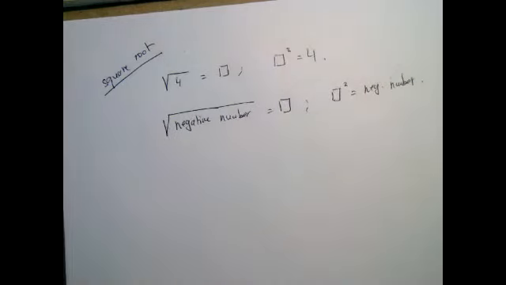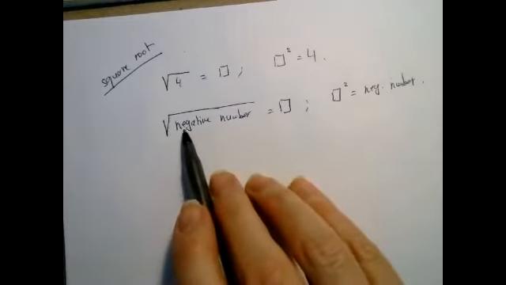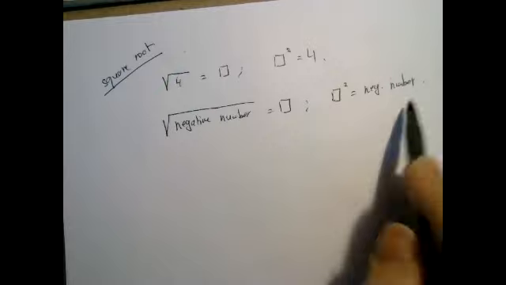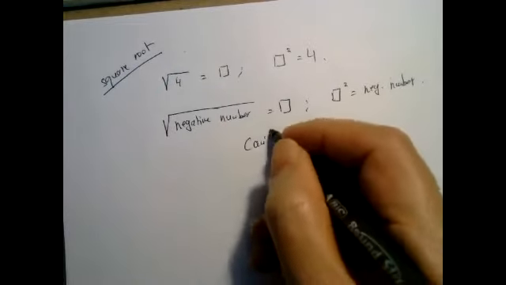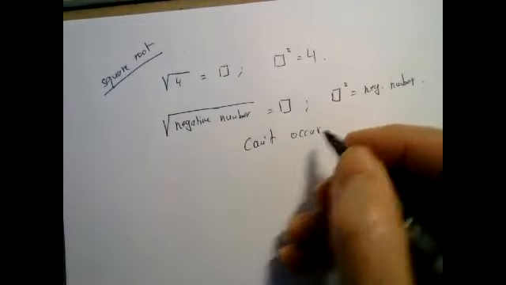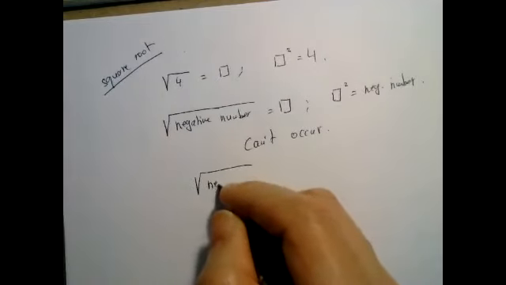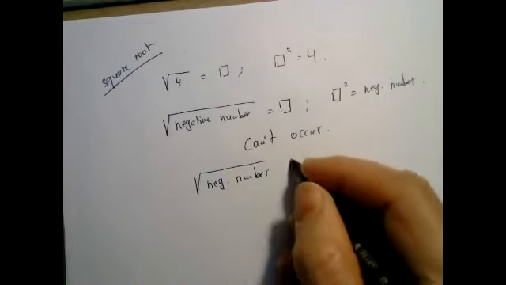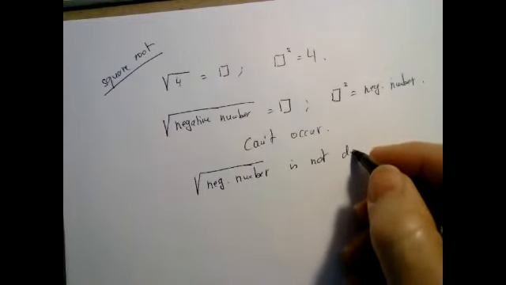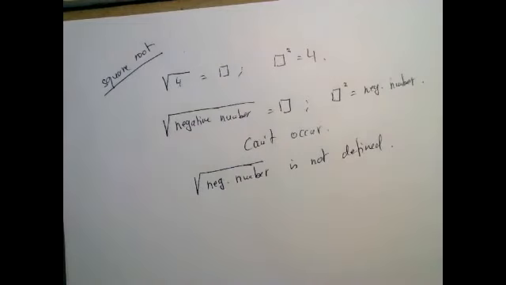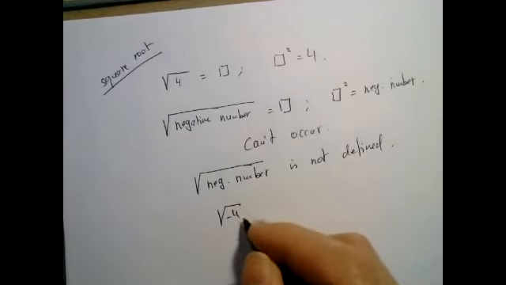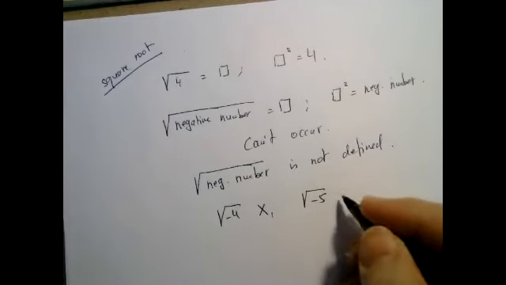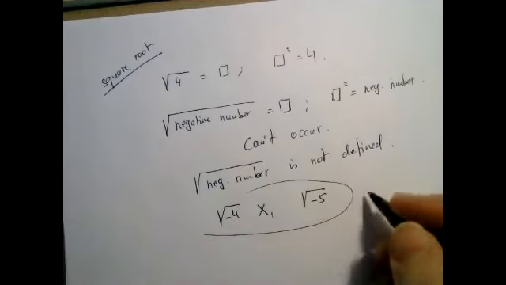But this cannot happen, because any number, when you square it, has to be positive. So the square root of a negative number is not defined. Square root of -4 doesn't make sense. Square root of -5 doesn't make sense. None of those is defined.